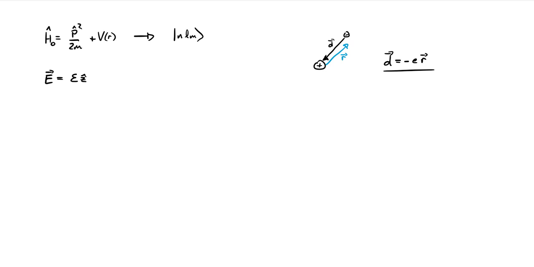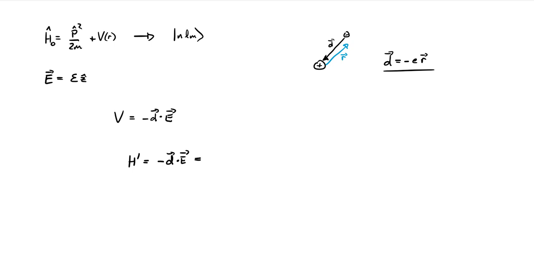If that's our electric dipole of our proton and our electron, we know that classically the potential energy of that dipole in an electric field is just negative d dotted with the electric field. So our perturbation Hamiltonian is just going to be that.